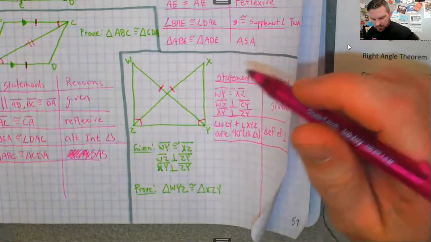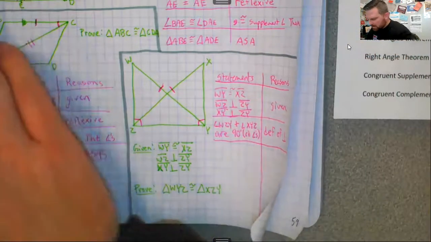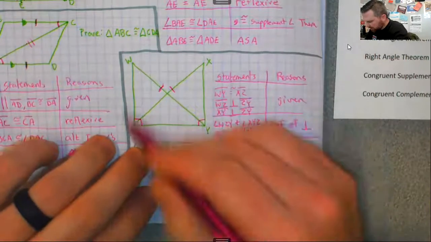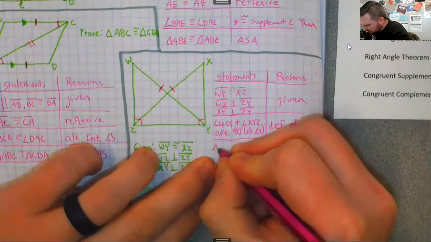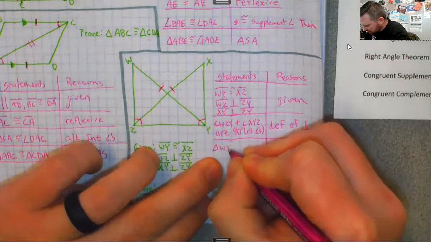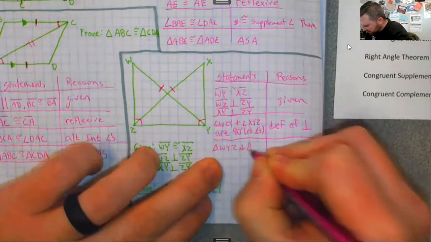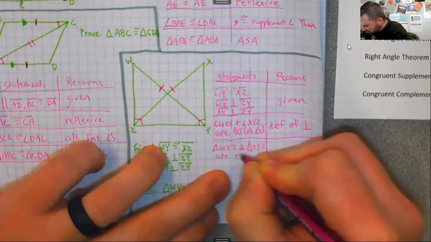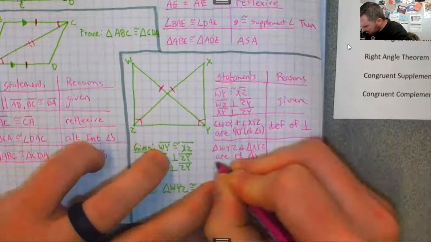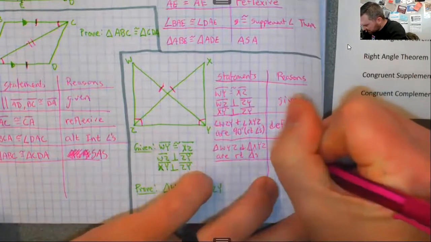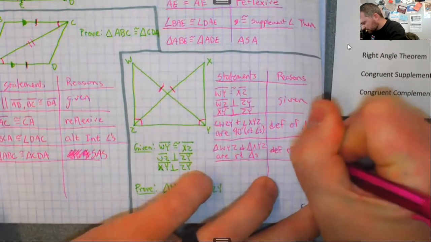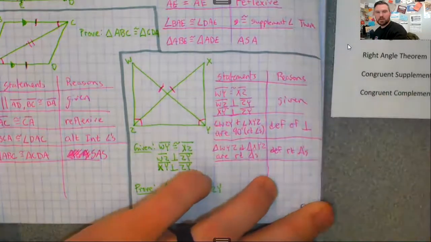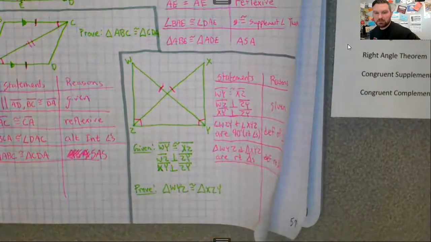So we are going to say that triangle WYZ and triangle XYZ are right triangles. That is because of the definition of right triangles.